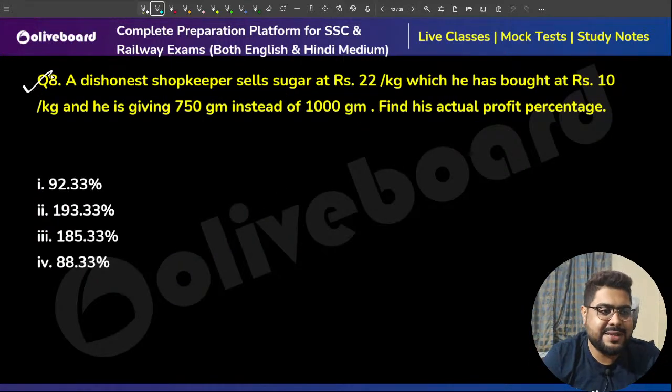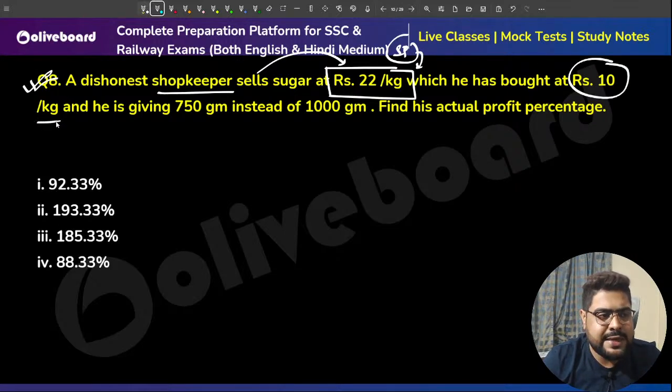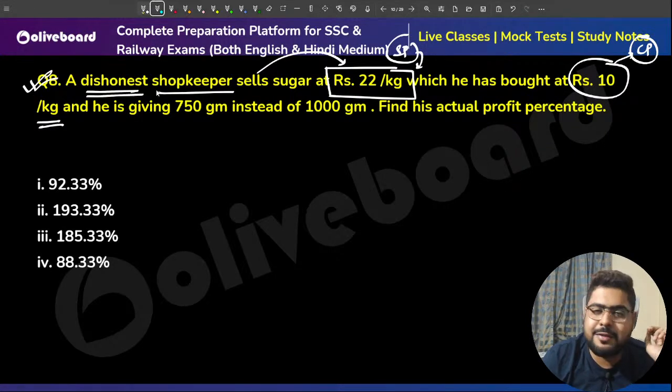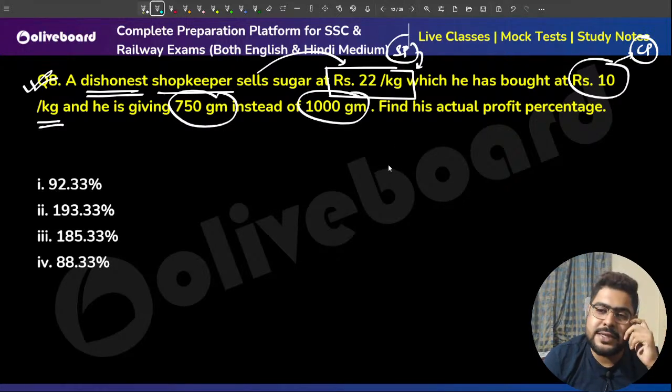Next one, dishonest dealing question. It's very simple. 22 per kg is the selling price. This is SP. He has bought at 10 rupees a kg. This is CP. But actual CP will be different because the shopkeeper is not very good. He is dishonest. 750 grams instead of 1000 grams.